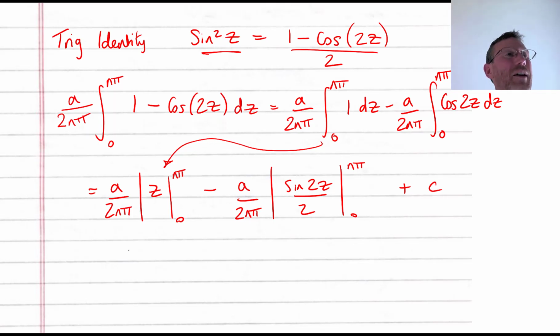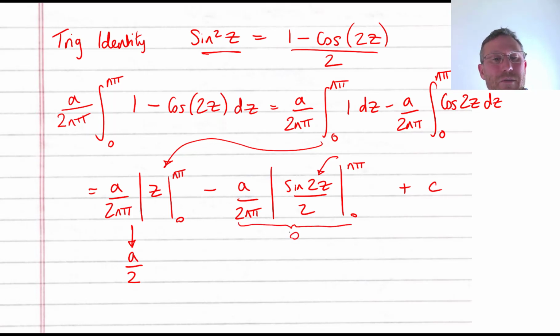That piece goes to a over 2, and when we plug n pi in, sine of 2 n pi is 0 as well. So this expression totally goes to 0. So a over 2 minus 0, and the answer here is a over 2.